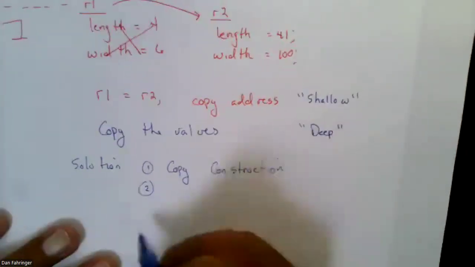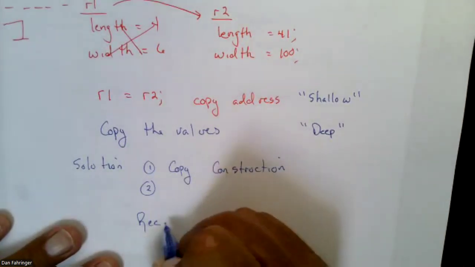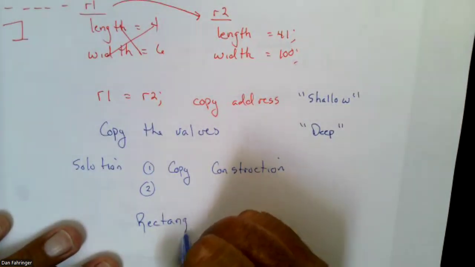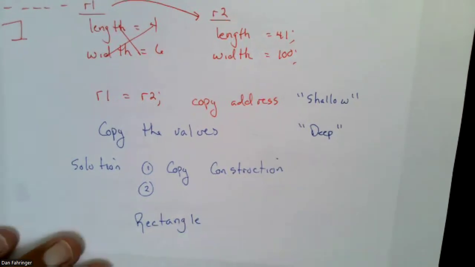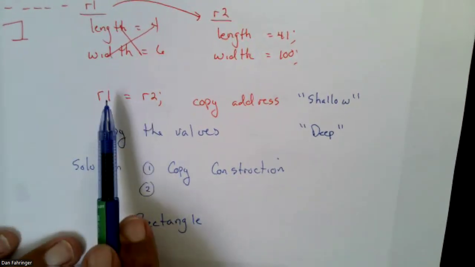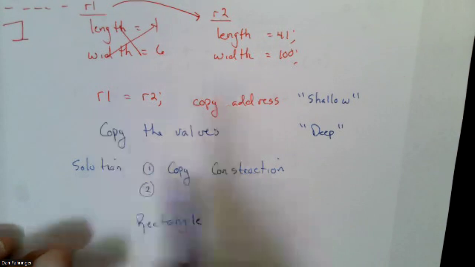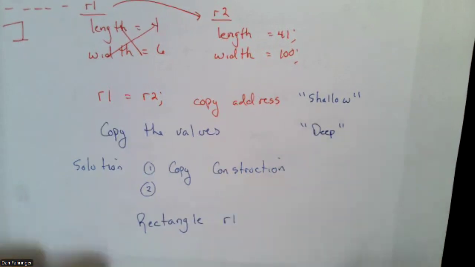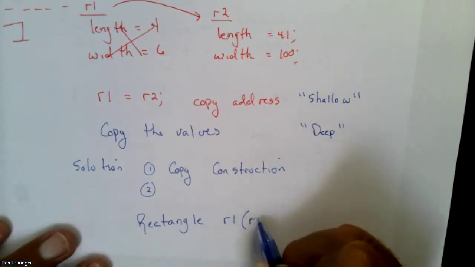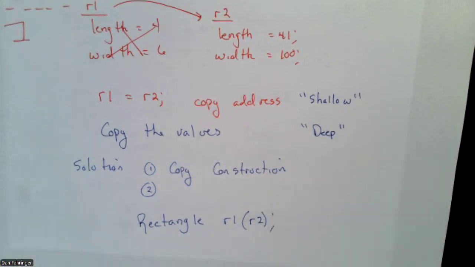I might be doing something like Rectangle, instantiating an object like R1, and passing in an argument of R2. Inside of R1, when it's being created, R2's address gets passed in.